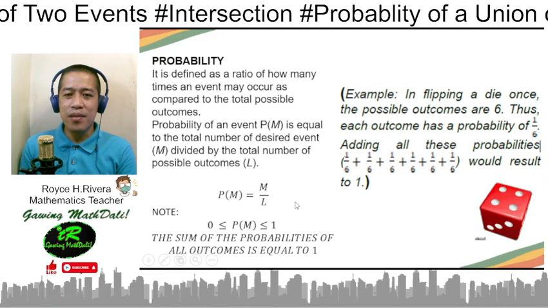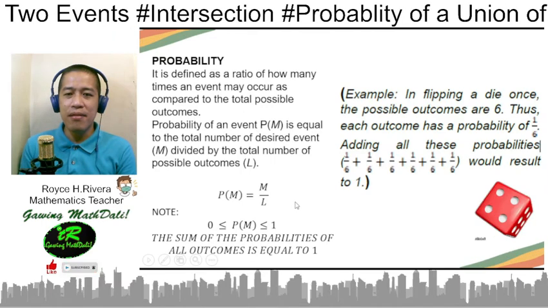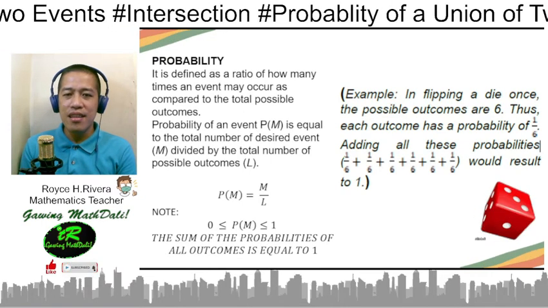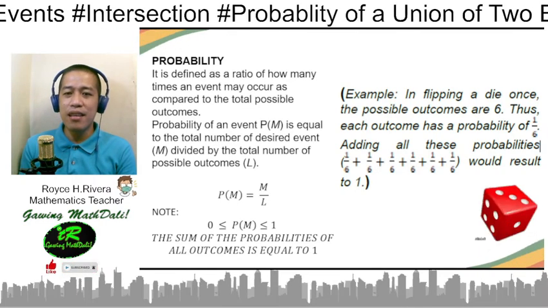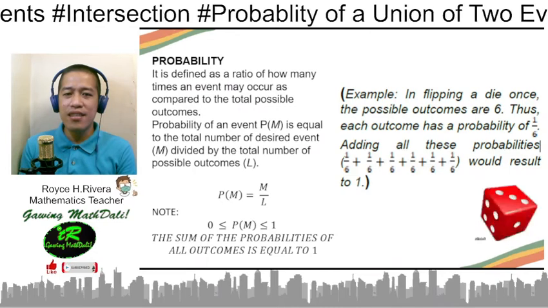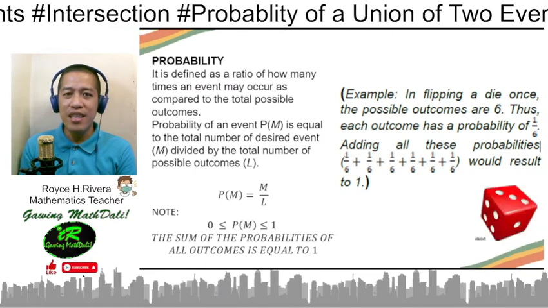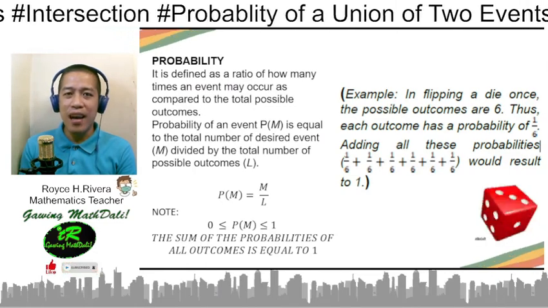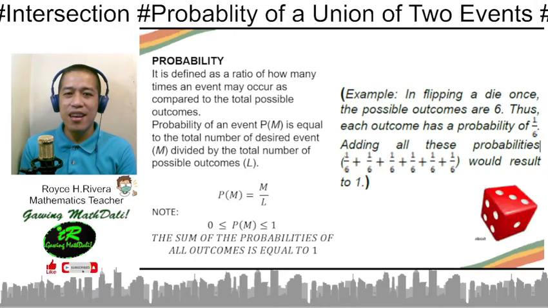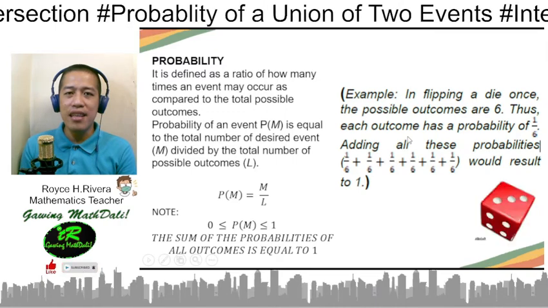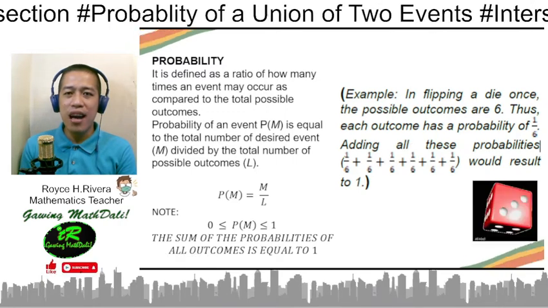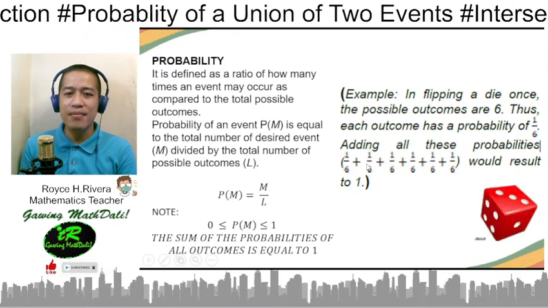An example we have: in rolling a die once, the possible outcomes are 6, namely 1, 2, 3, 4, 5, and 6. Thus, each outcome has a probability of 1 out of 6.